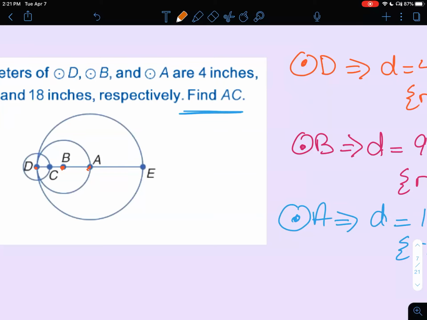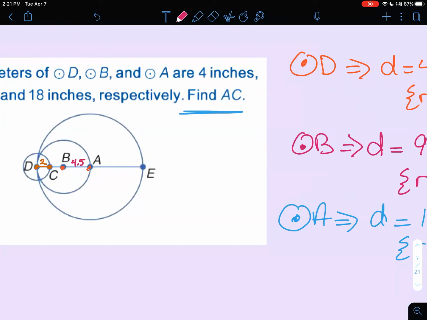Our radius, which would be from the point D to C, is going to be half of 4, which was 2. Then we have our radius from B, and B was 4.5. Well, that's helpful because we can actually apply that to this side here, which is 4.5.